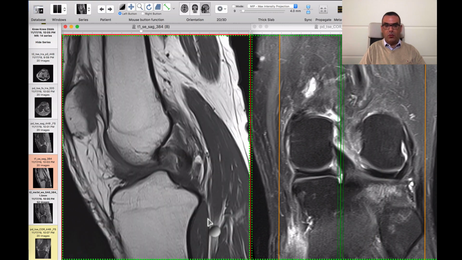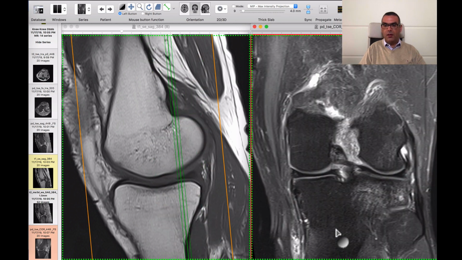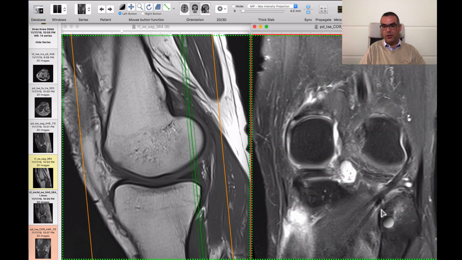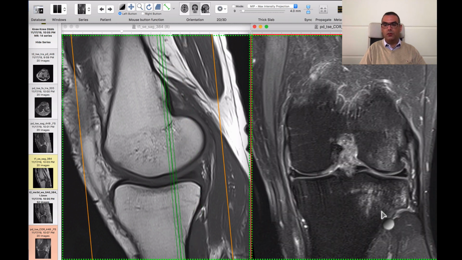Okay, so this is a typical case of ACL injury, and we saw this in association with a meniscal ramp lesion and the typical posterolateral marrow edema and trabecular compression changes that appear with the ACL. So don't forget this.